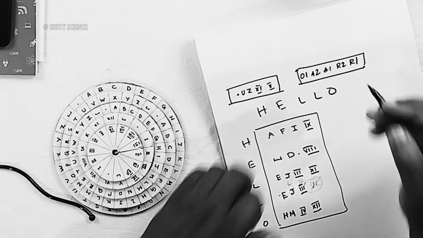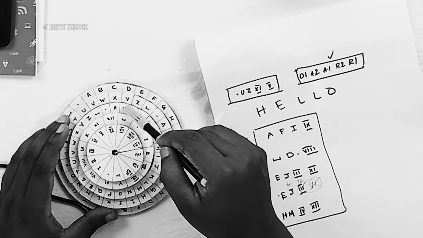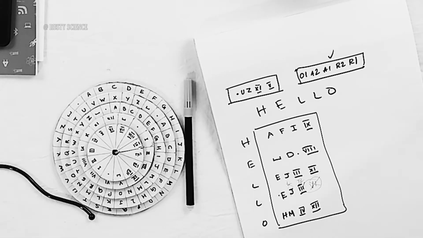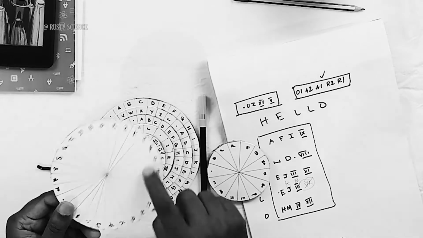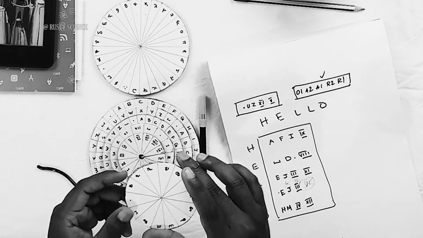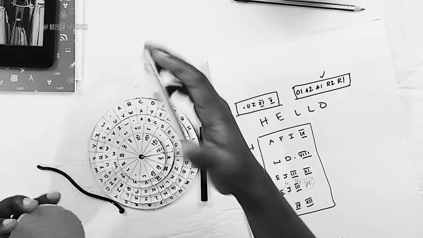Now let's come back to why I asked you to note this. Here you can see there are English characters and some Roman letters, right? I have one more disk, which has Greek characters and some different numbers. I have named it R3 and A3.